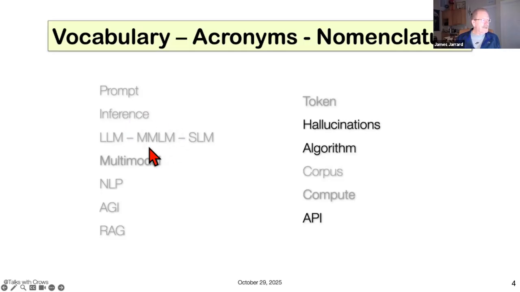This is what we're using day in, day out now. And small language models is what they're trying to put on smartphones now. Multimodal, and natural language processing from the first session. Artificial general intelligence, remember, AI being smarter than all human beings at every instance.